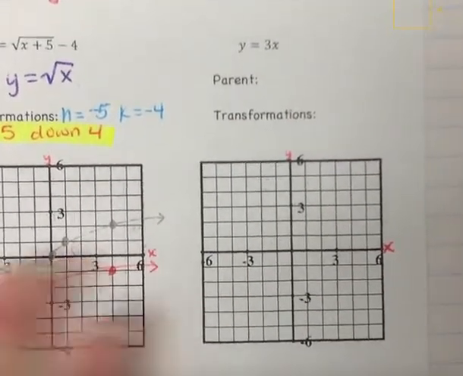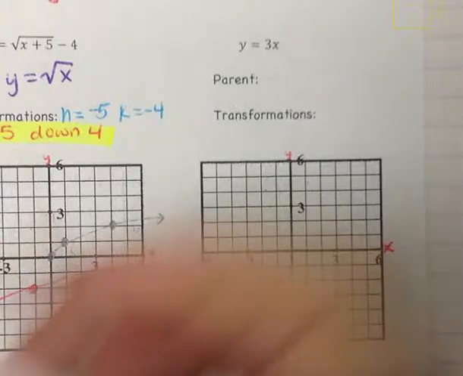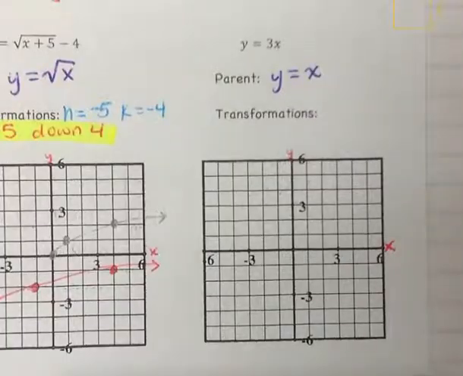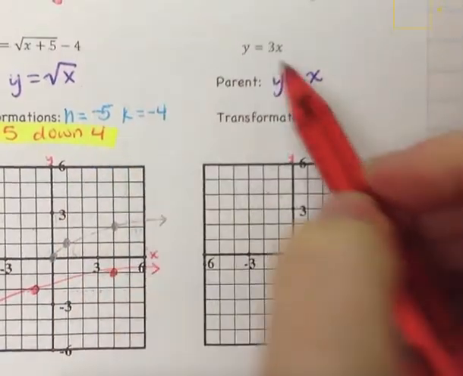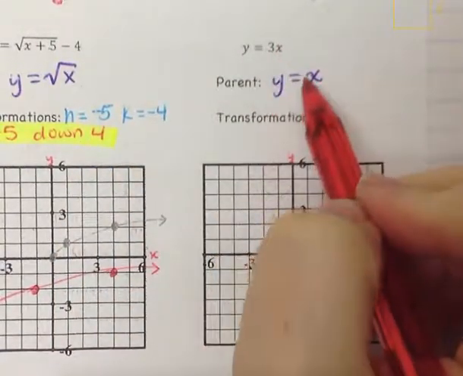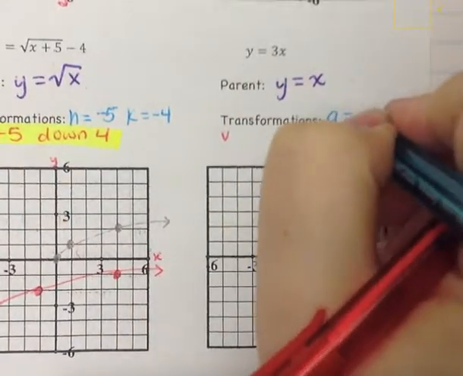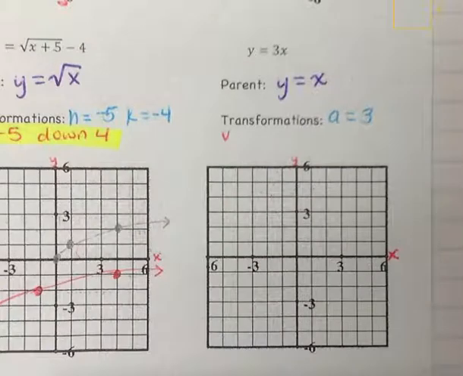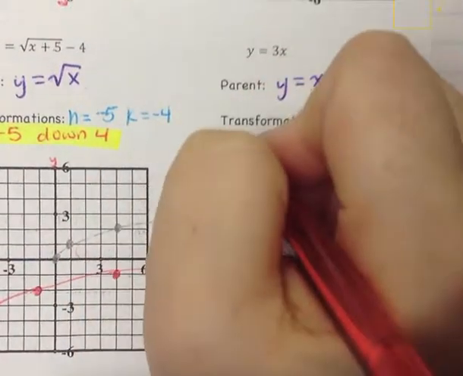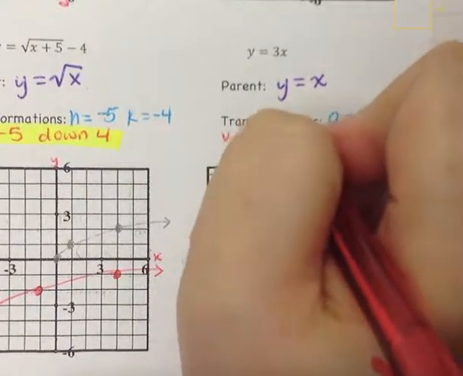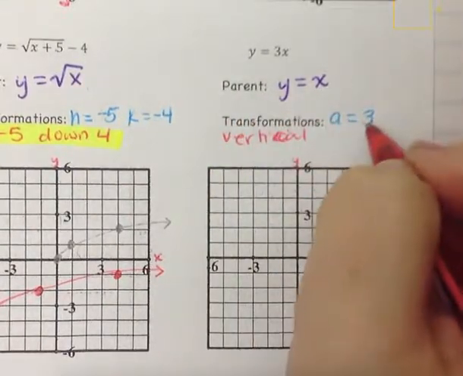This last example, to take off all the numbers, leave the symbol, we have y is equal to x. The transformation occurring, the only thing that's different is it is a vertical, because your a value, let me write out, a value is equal to 3. It was already positive, but it's equal to 3. So that's a vertical stretch, because this is bigger than 1.